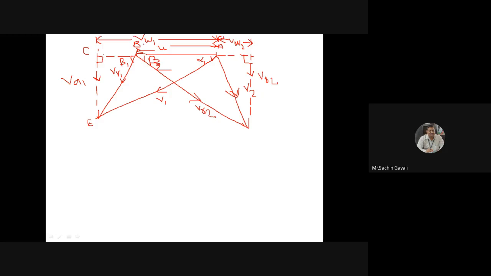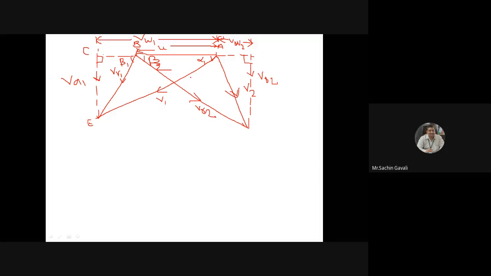Likewise, VW1 is in the same direction as V1, and VW2 is in the same direction as V2. Now we want to derive this. The total resultant of VW1 and VW2 is called VW, the resultant whirl component.